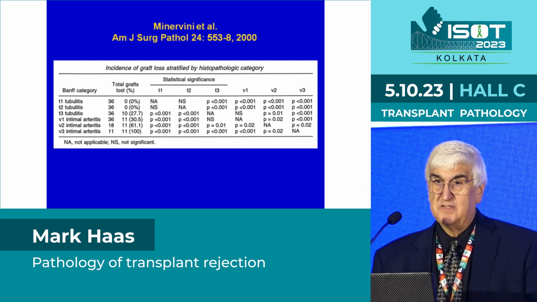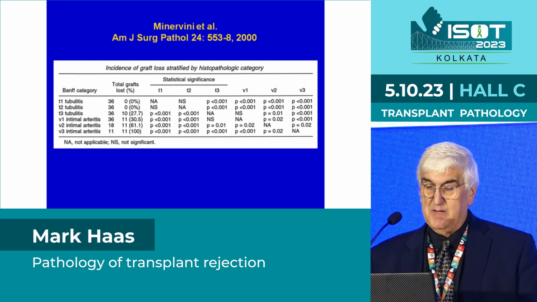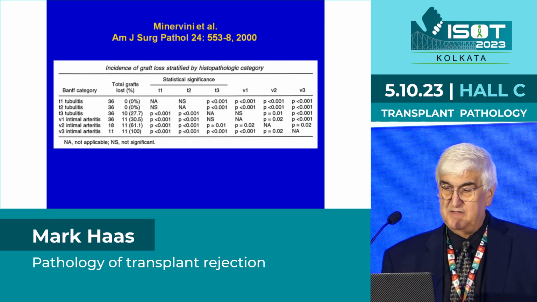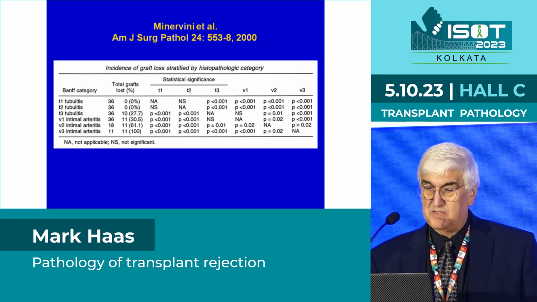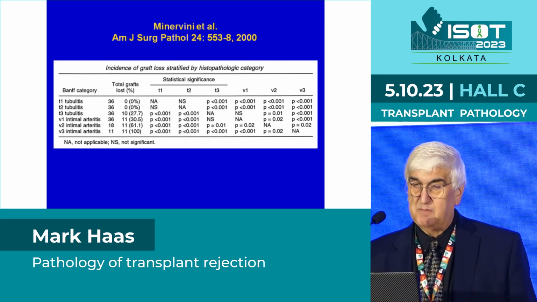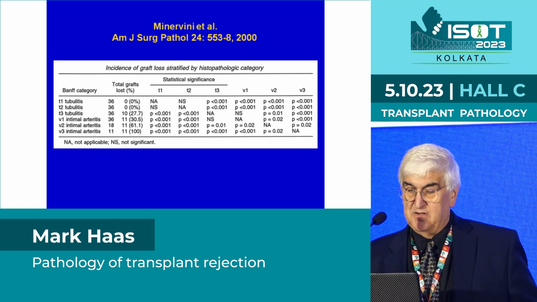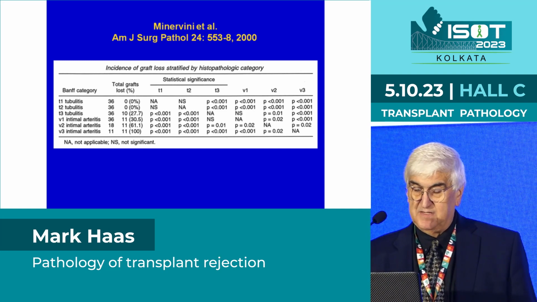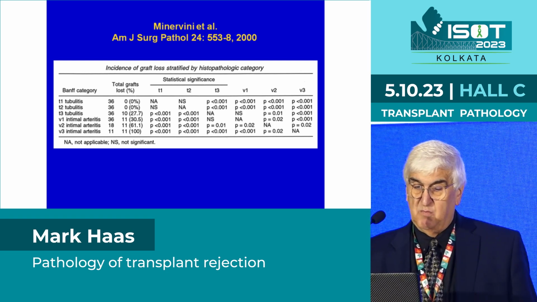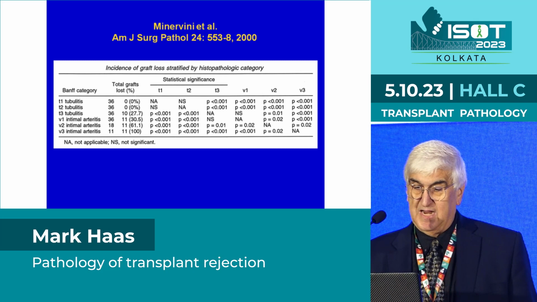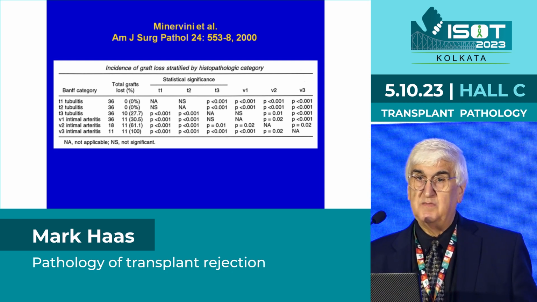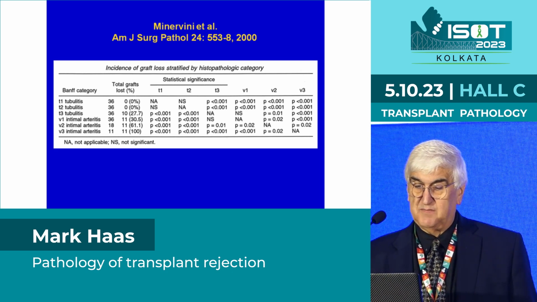What is the clinical significance of these different Banff categories of rejection? This is an older study from the University of Pittsburgh, but still applicable today, showing the different grades of cell-mediated rejection and graft loss with borderline and 1A, T1 tubulitis, T2 tubulitis. These lesions tend to be quite steroid responsive and rarely result in graft loss.